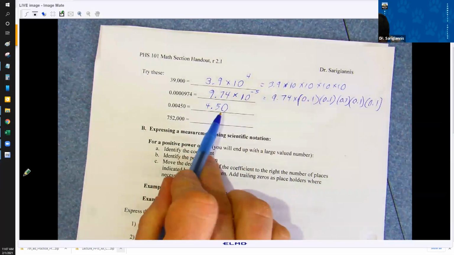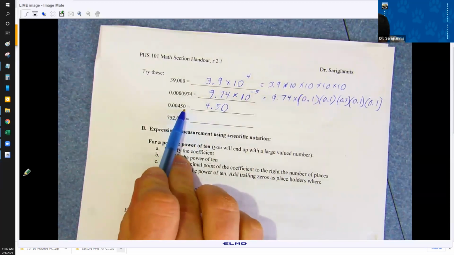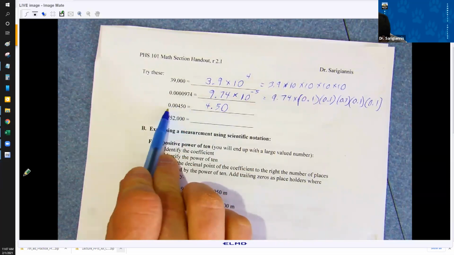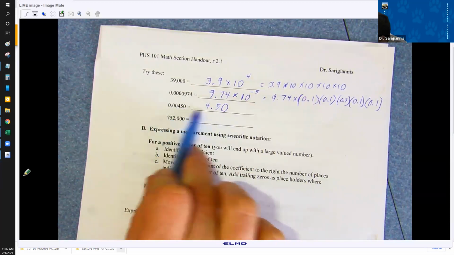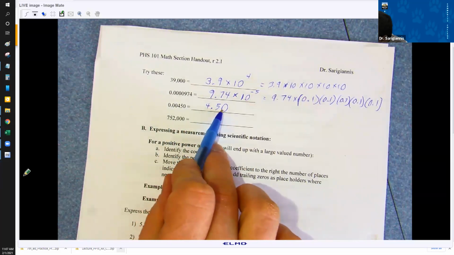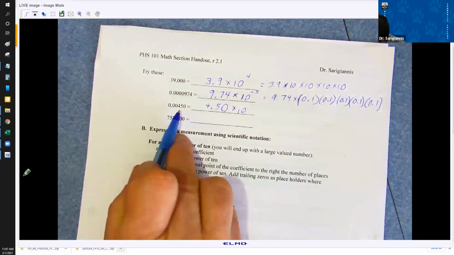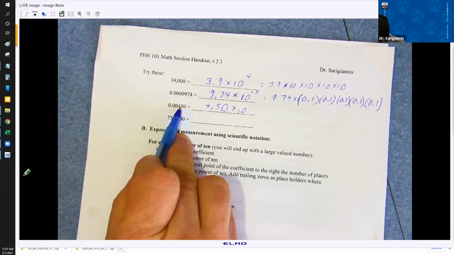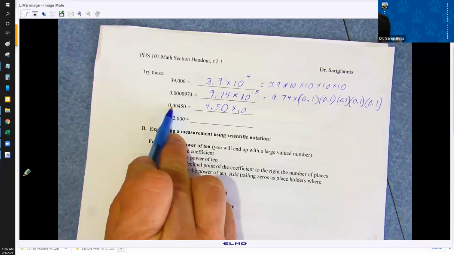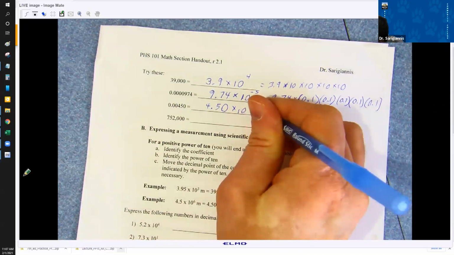Oh, that's a big 0. This is a significant figure in the sense of the measurement, right? So I'm going to write 4.50, big fat 0 for some reason, times 10 to the, and you said minus third. So yeah, you can say 1, 2, 3, minus third.